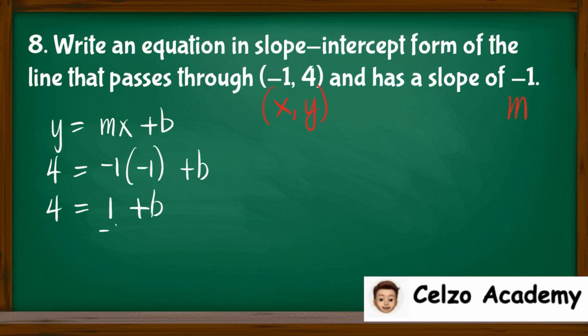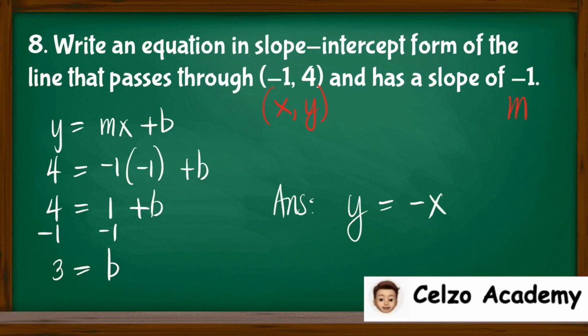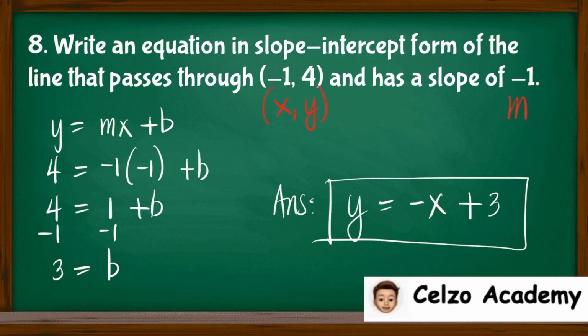Do the inverse operation, so we subtract 1 from both sides. 4 minus 1 is 3. 1 minus 1 is 0, so the b value is 3. And the equation of the line is y equals, slope is negative 1, so we have negative 1x, plus b, which is 3. So y equals negative x plus 3 is the equation of the line.